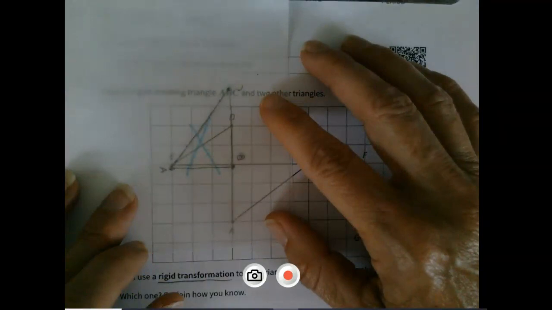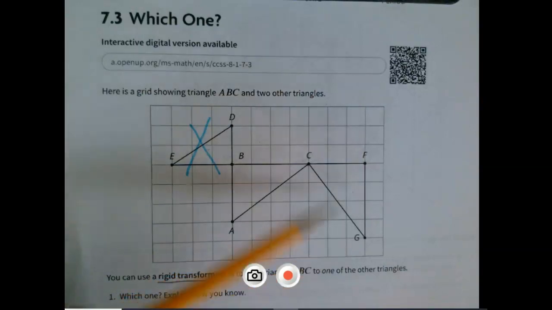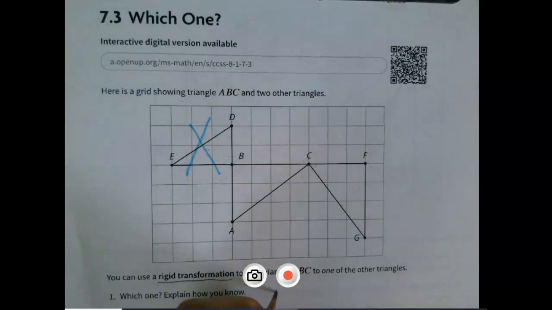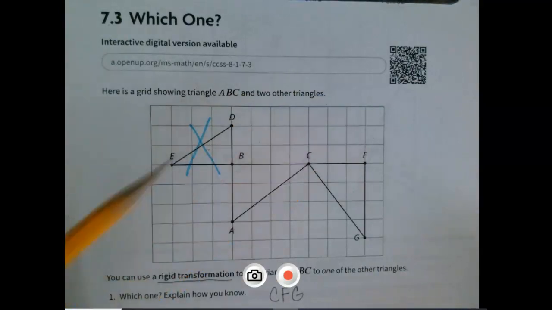Angles are all the same size, but because it does not keep the side lengths, that means it's not a rigid transformation, okay? So the only one that would be a rigid transformation would be triangle CFG, because it preserves lengths, it remains the same size, and the angles are also the same size, okay?